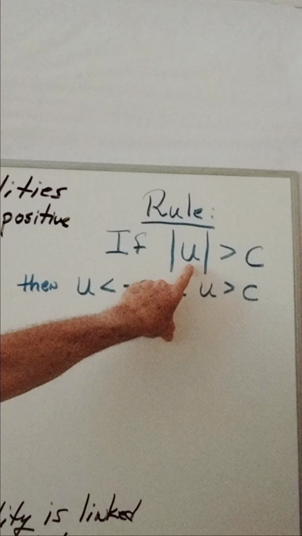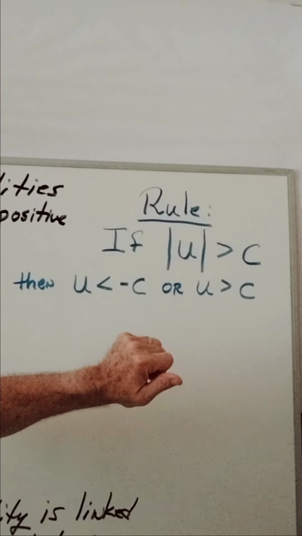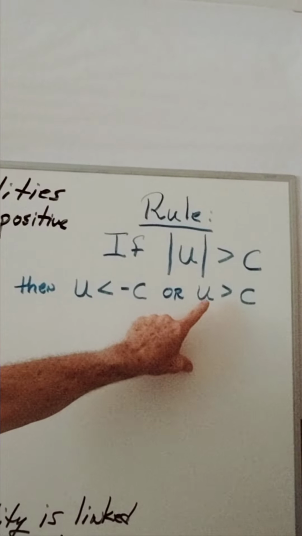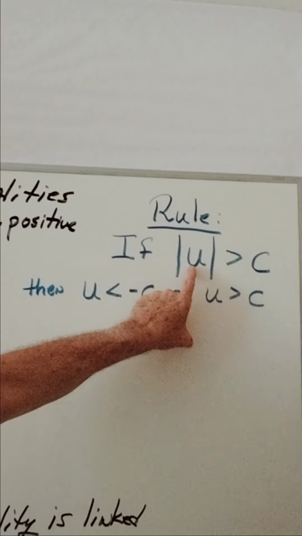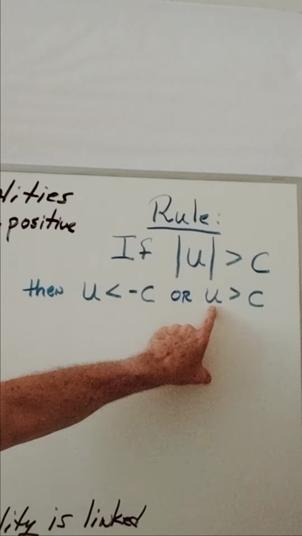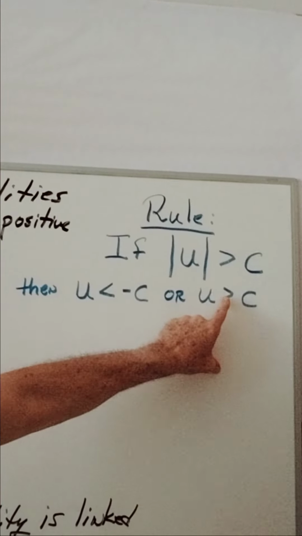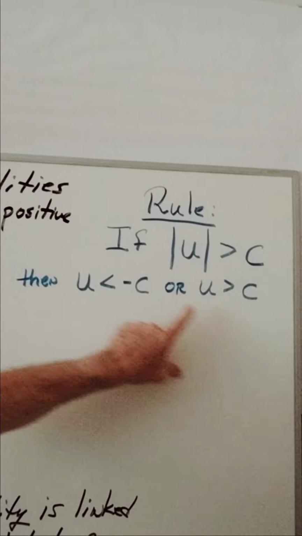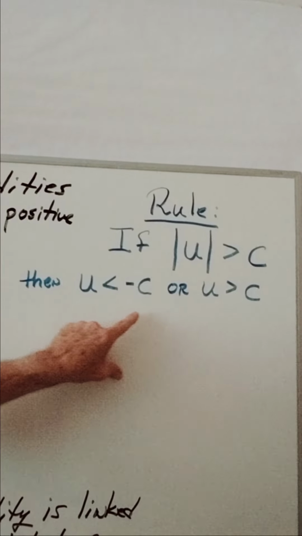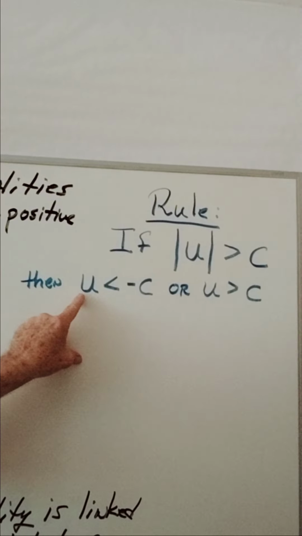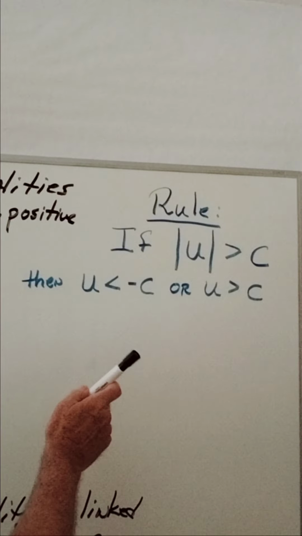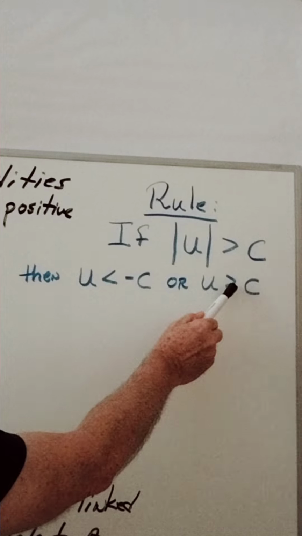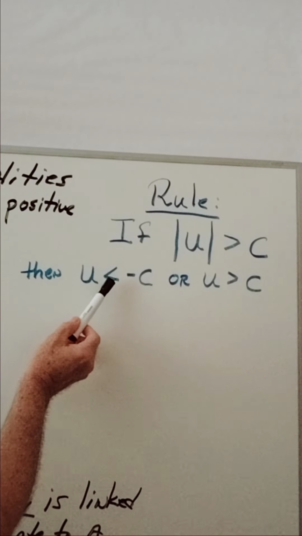If the absolute value of U is greater than C, then I'm going to read it kind of in this way. You bring down that algebraic expression, and it will be greater than the positive value, or bring down that algebraic expression, and here would be the key word. You change this symbol to its opposite.